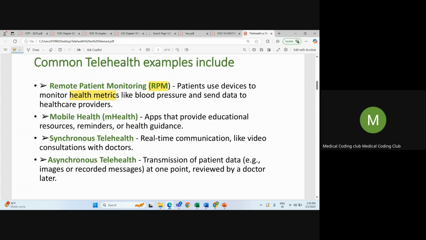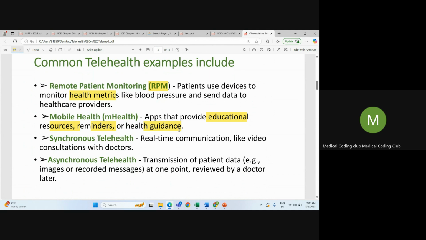The next one is mobile health, in short mHealth. Here, apps provide educational resources, reminders and health guidance. We already use mobile apps where we can get educational resources, like the plan for my health condition.